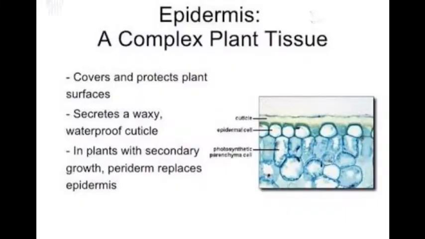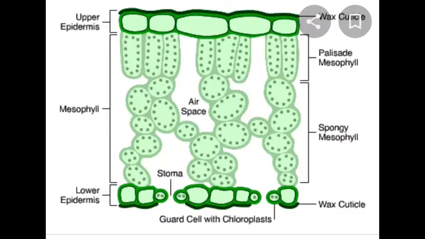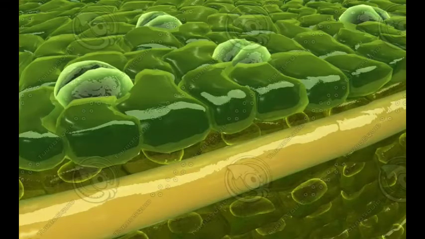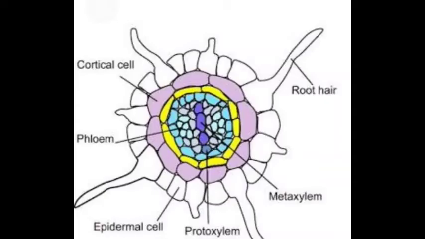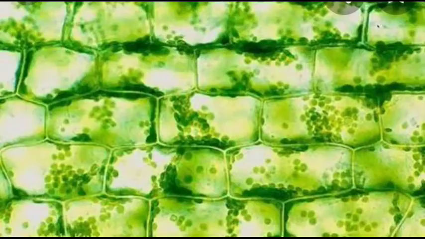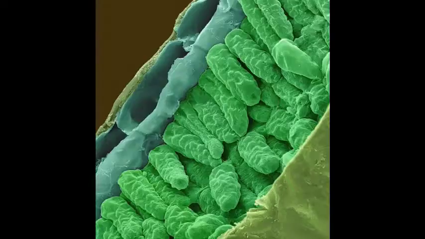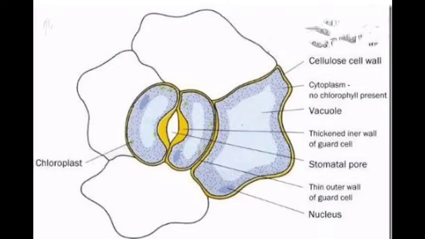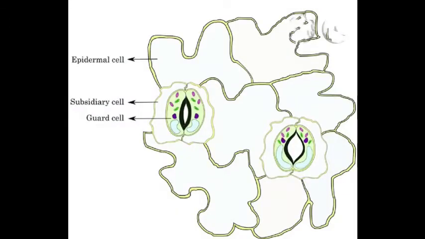Epidermal cells on the aerial part of the plant often secrete a waxy, water-resistant layer on their outer surface. This aids in protection against loss of water, mechanical injury, and invasion by parasitic fungi. We can observe small pores here and there in the epidermis of the leaf. These pores are called stomata. Stomata are enclosed by two kidney-shaped cells called guard cells.